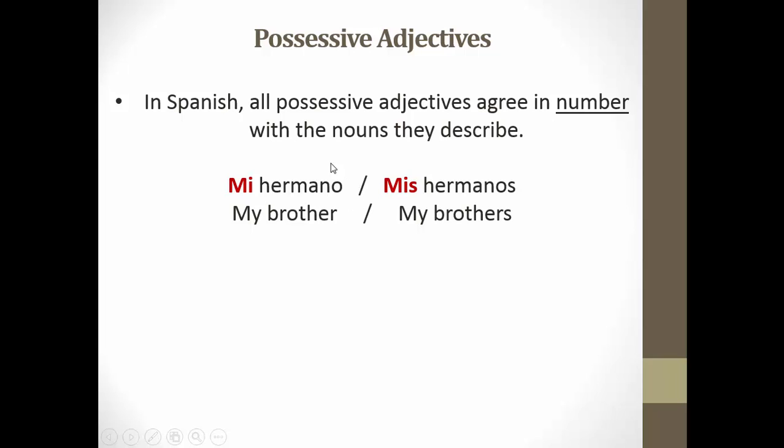Hermano is singular. Therefore, your possessive adjective is singular. So mi has to agree with what comes next, which is hermano. Here, hermanos is plural. Therefore, mis has to be plural as well. So, pause the video and fill out part C, where it asks you about adjectives agreeing.